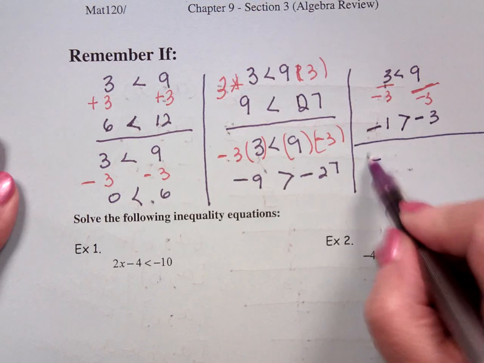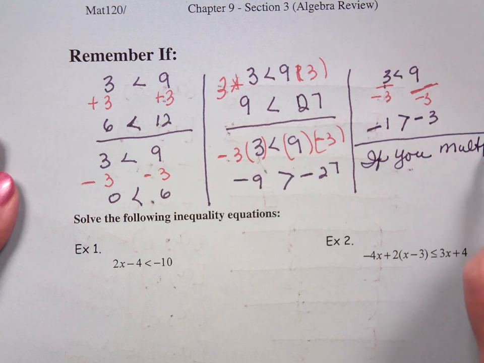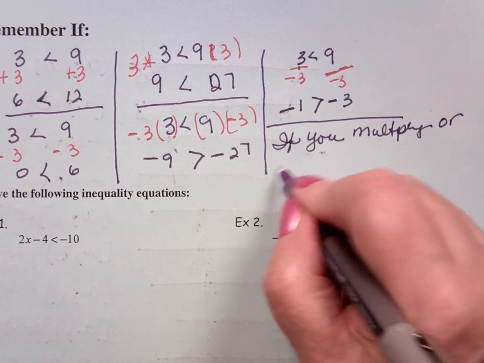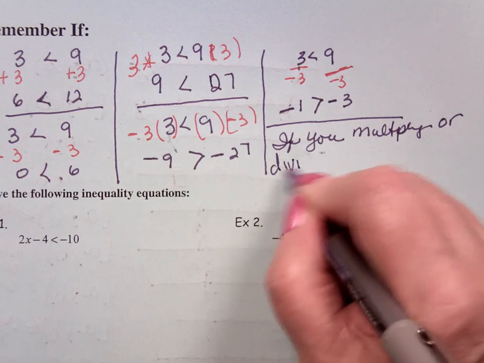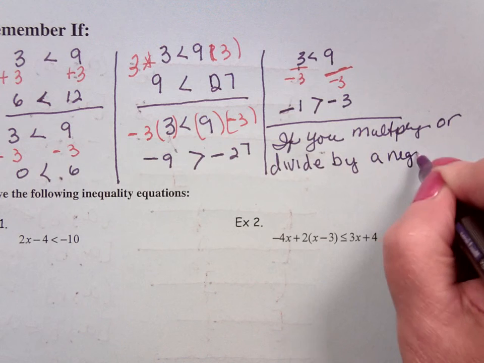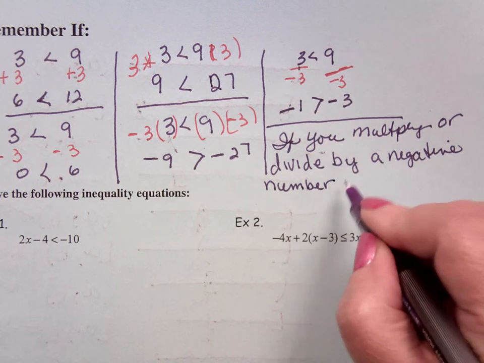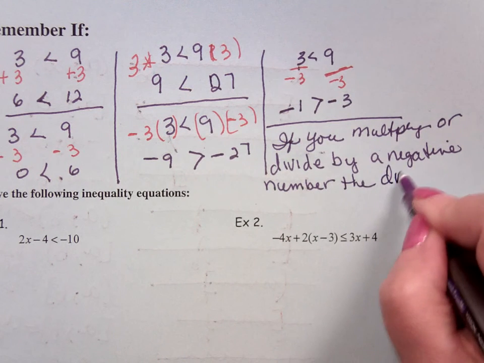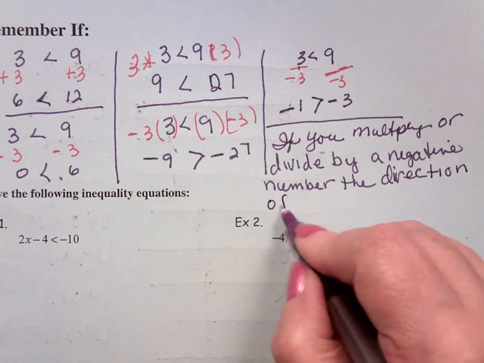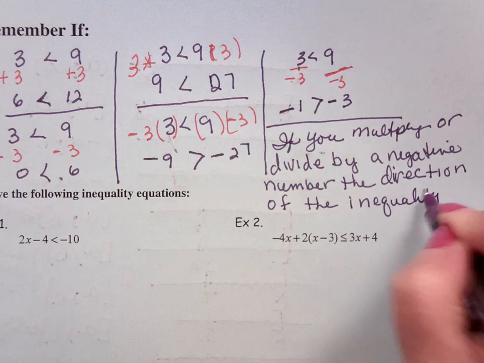So we can say if you multiply or divide by a negative number, the direction of the inequality changes.